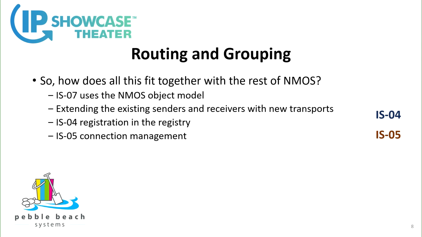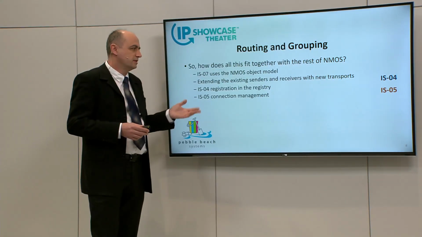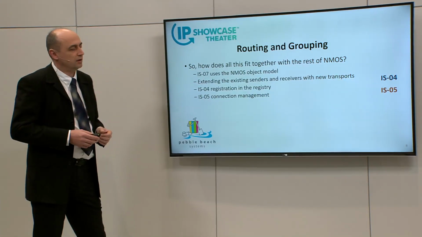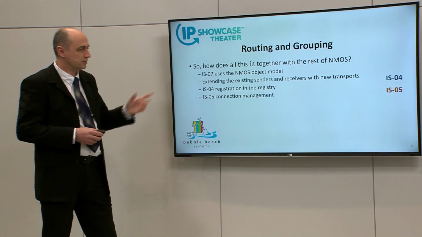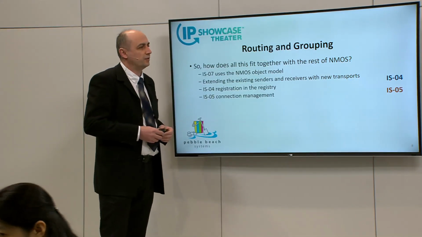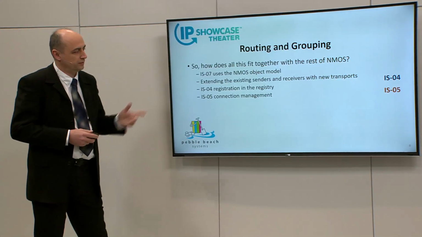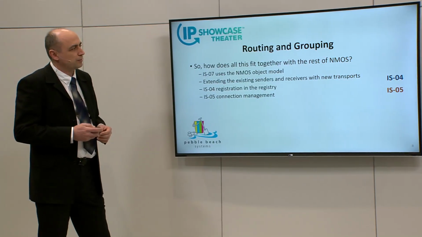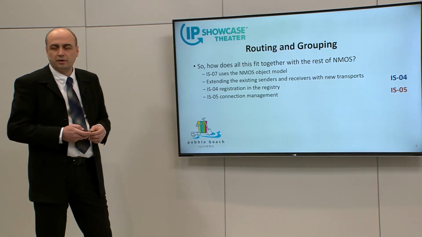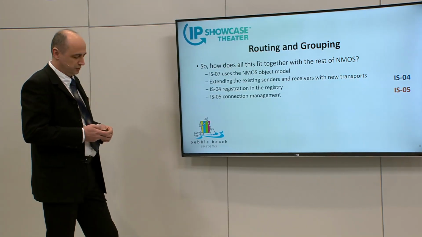The only thing is that two new protocols were introduced. So for IS-07, new versions of IS-04 and IS-05 are required. So version 1.3 of IS-04 and 1.1 for IS-05. But there are a number of registries already that support those protocols.